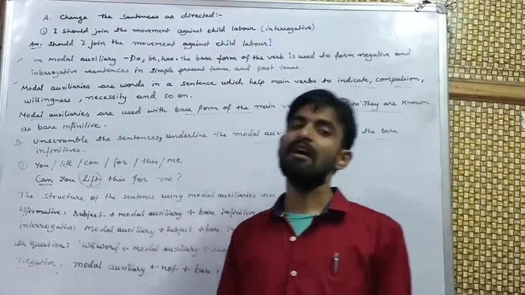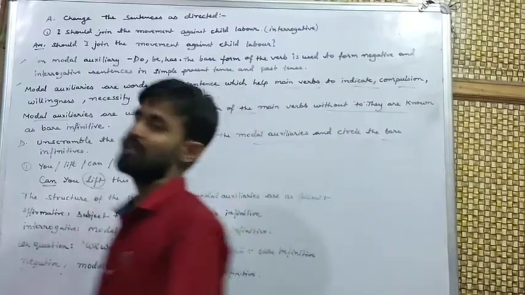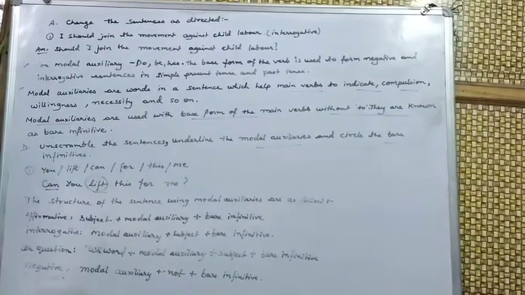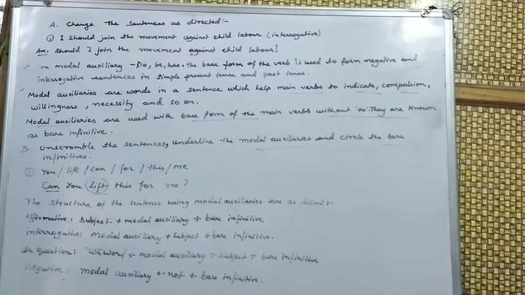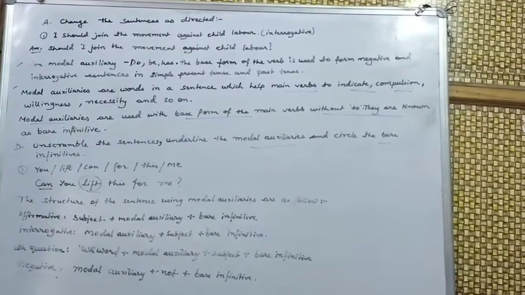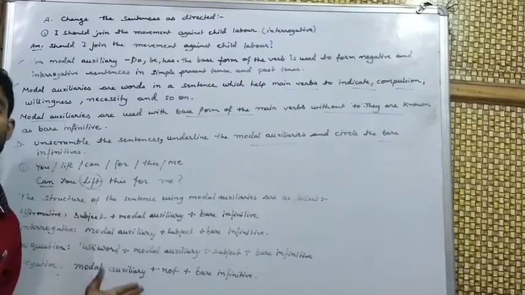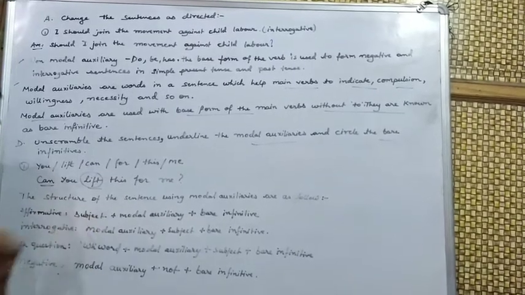If we have to convert a sentence from positive to negative, what we have to do is just add not to the modal. Nothing else. This you have to do, and try to do the exercises.